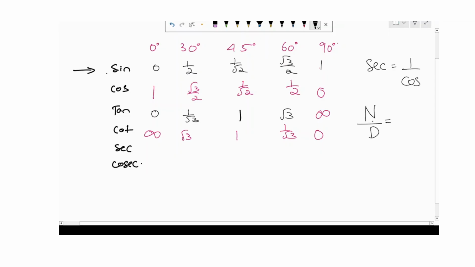If any value is written in fraction, for example 5 by 10, if you want to reciprocate, the meaning of reciprocate is the order will get changed. Numerator and denominator becomes denominator by numerator, that is 5 by 10 becomes 10 by 5. This is known as reciprocation. 5 by 10 becomes 10 by 5. Okay, so sec value.